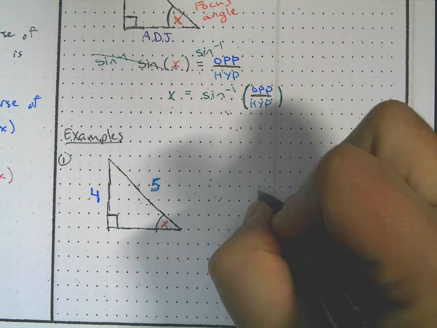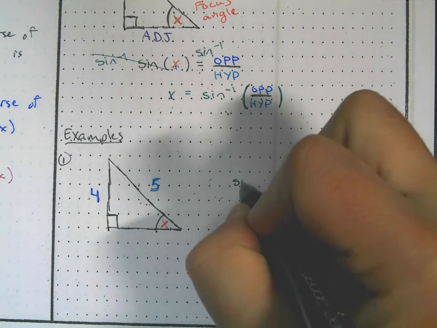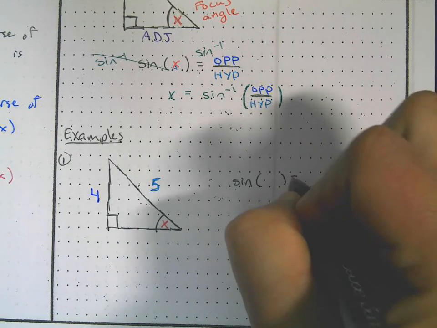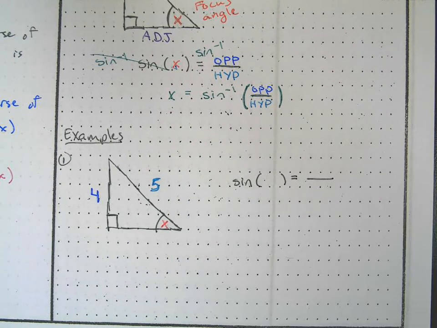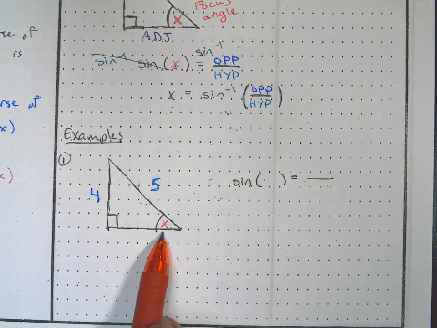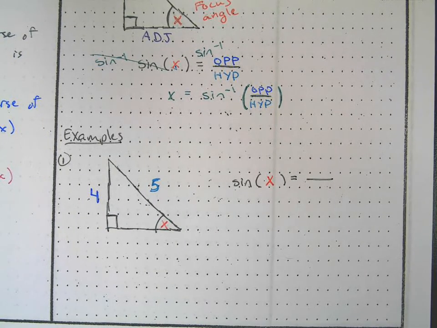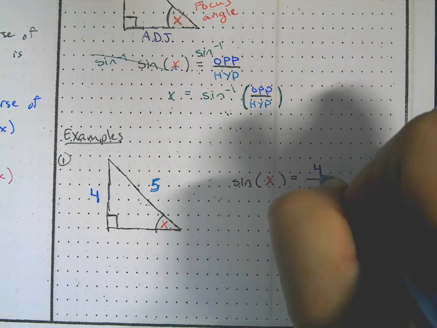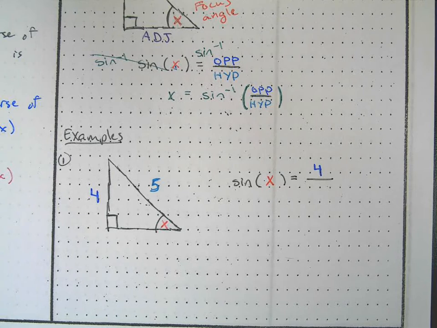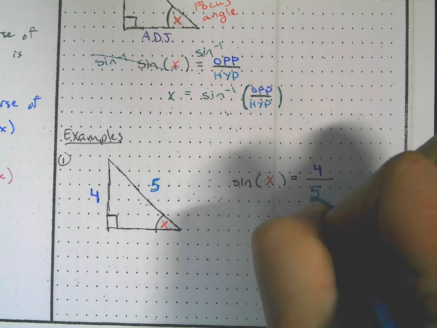So we'll say sine of our angle is equal to opposite over hypotenuse. Now my angle is x, so I'm going to plug in x right here. And then my opposite is 4, and my hypotenuse is 5.